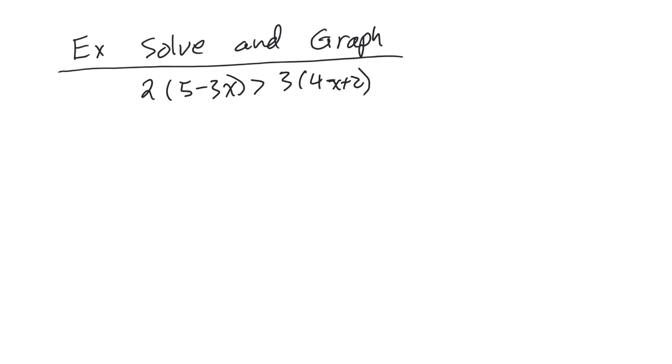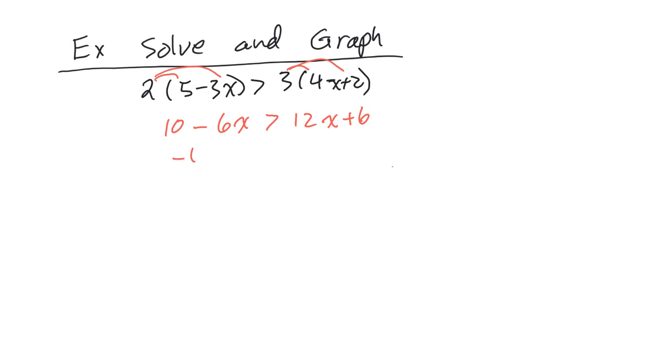So when we do this, we're just going to have to distribute the 2 into our bracket, and the 3 into our bracket, and we end up with 10 minus 6x is greater than 12x plus 6. Now, what I want you to do is move all your letter terms to one side and all your numbers to the other side.